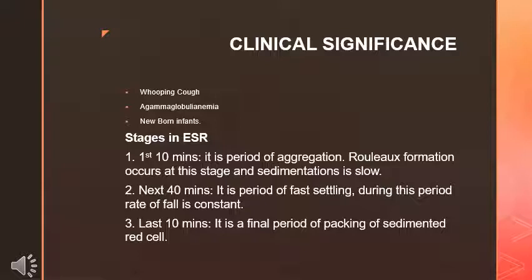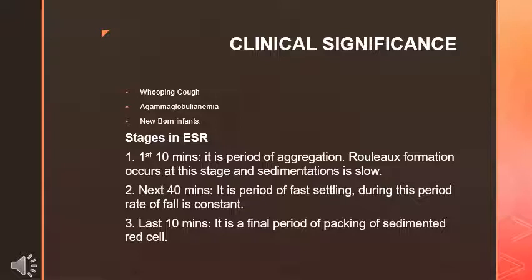In the testing of ESR, what will be the stages? First of all, there are three stages. The first stage happens in the first 10 minutes, then the second stage happens from 10 minutes to 40 minutes, and another stage happens in the last 10 minutes of the test. So this test is performed over a 1 hour duration.